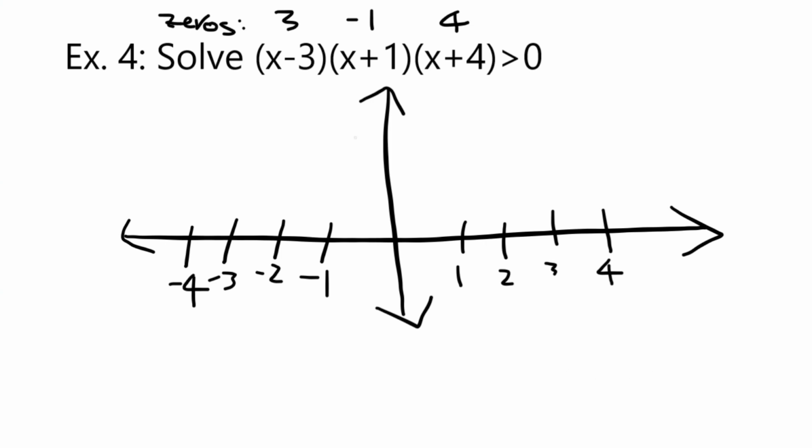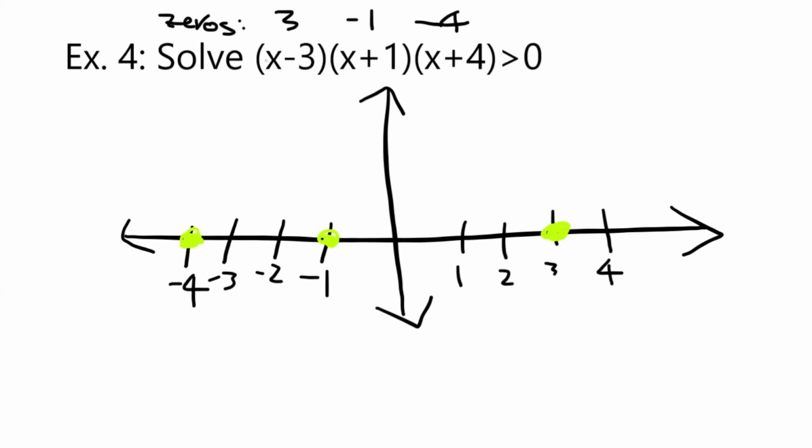Our zeros are at 3 over here. In fact, I'm going to use a different color so that it stands out. Very standouty. 3, -1, and that's supposed to be a -4. I don't know why I didn't write that. I'm sorry. But -4.